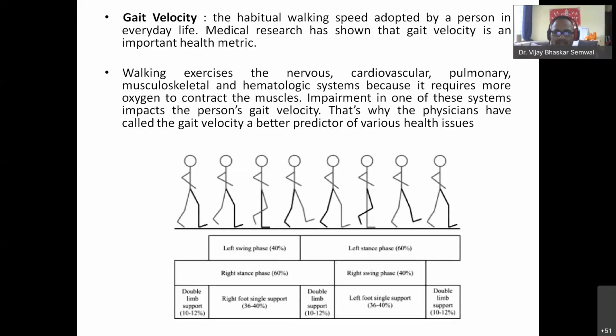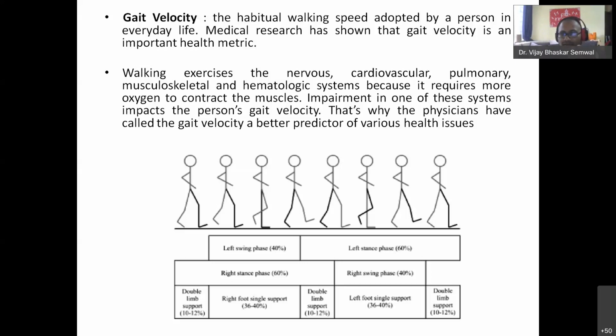Medical researchers have found great interest in gait velocity. Compared to other gait parameters, gait velocity is a great measure of human health. They consider it an important health metric to analyze human health.